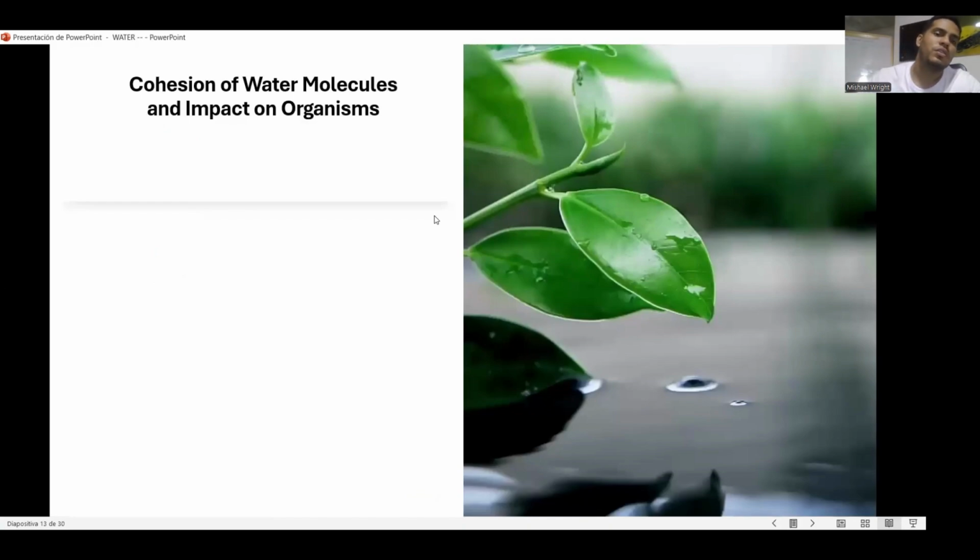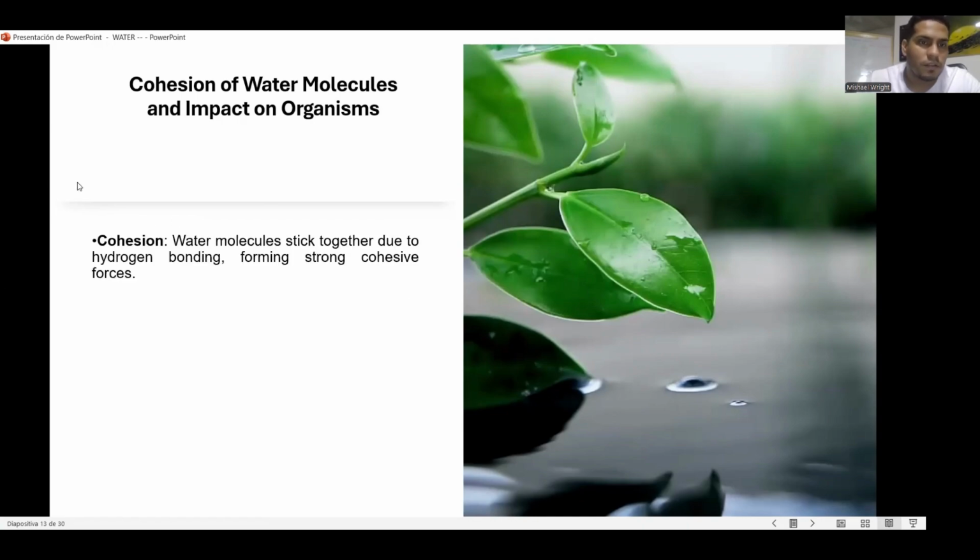Okay, so cohesion of water molecules and its impact on organisms. Here you can find, for example, this plant. Thanks to cohesion, water molecules stick together and form a strong cohesive force.